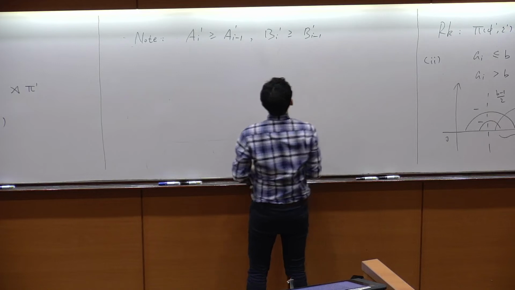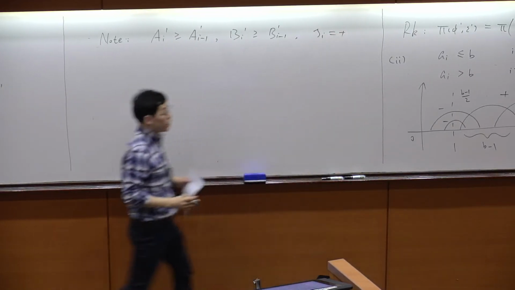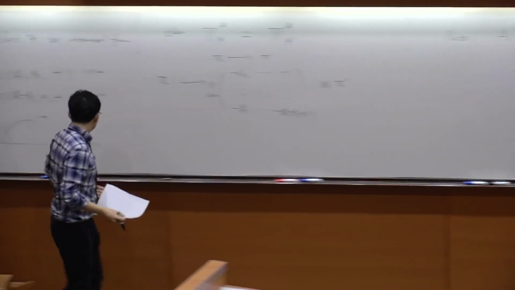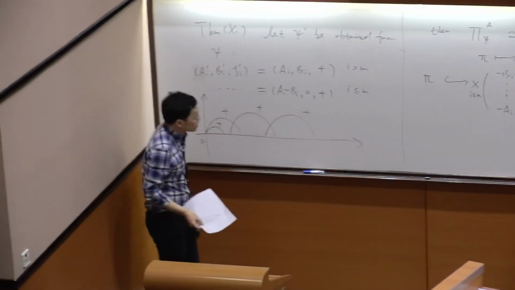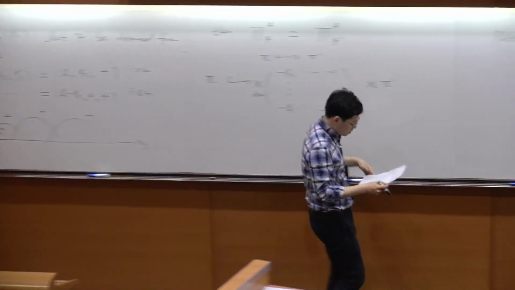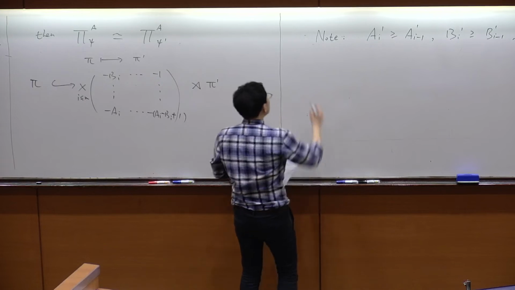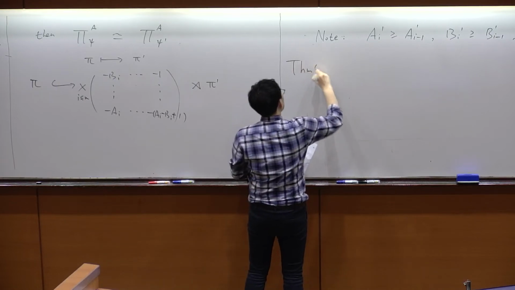And also all these signs are positive. So that's the feature for this new parameter. And indeed, for all parameters with this property, we can describe everything inside them explicitly. So this is the second main result.